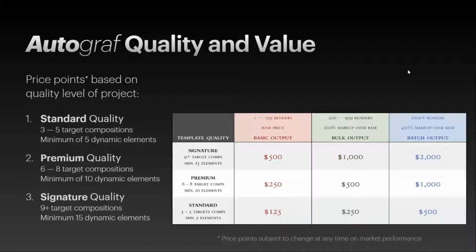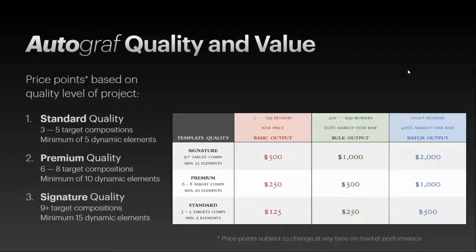The way we deal with price points is we place a markup over a base price. For example, a standard autograph with 3 target compositions and 5 dynamic elements would be priced at $125 to license it to produce up to 199 unique renders.